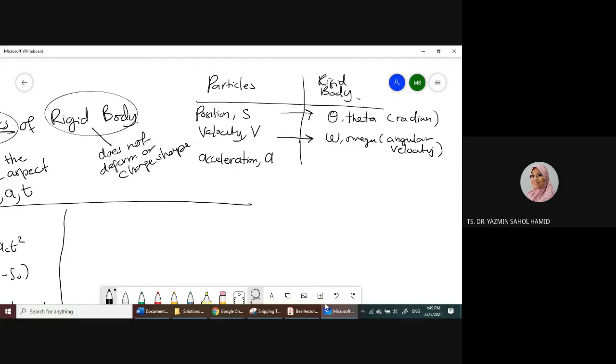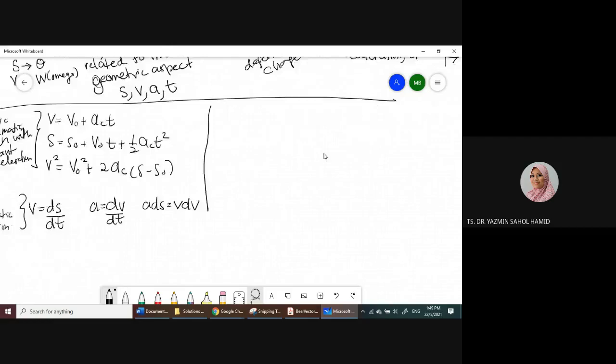When you change to rigid body, you have to use the symbol alpha. So this will be called angular acceleration. Is that okay? So it will be the same, but we have to change this.